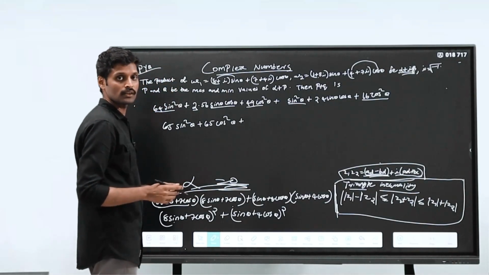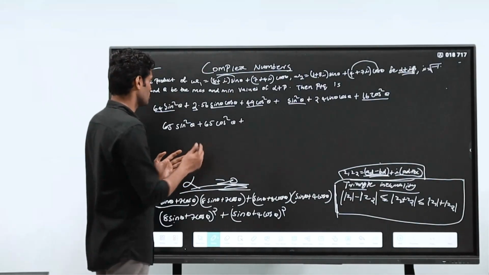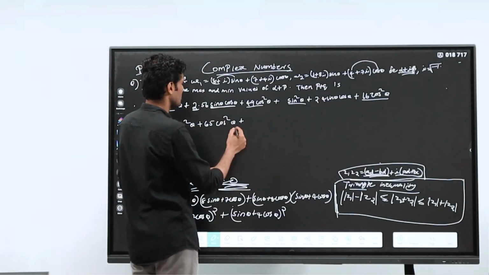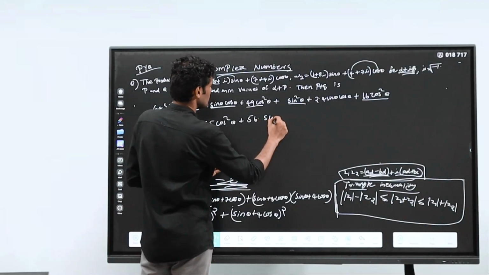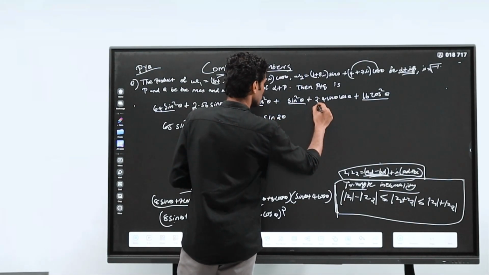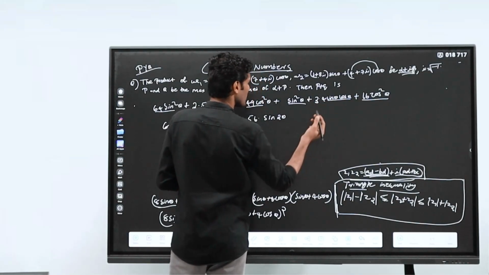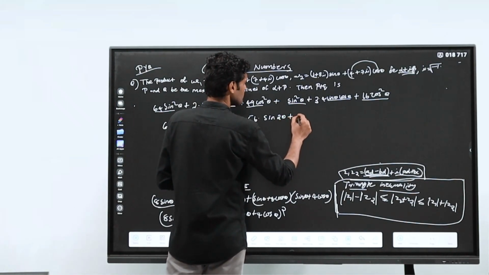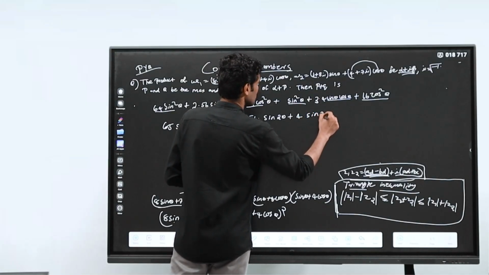What is the expansion of sine 2 theta? So this term can be written as sine 2 theta. So 56 into sine 2 theta right here. Also 2 sine theta cos theta here, we can write it as sine 2 theta, so that is 4 into sine 2 theta.